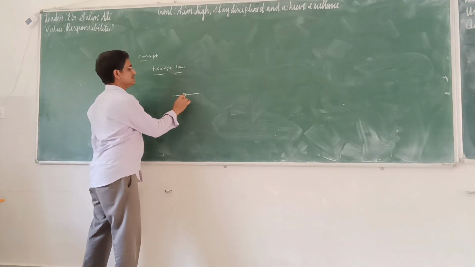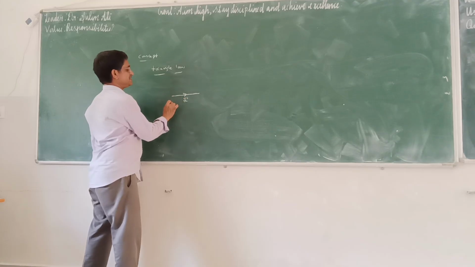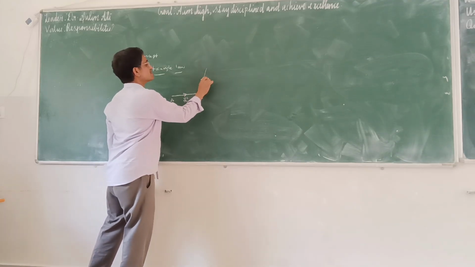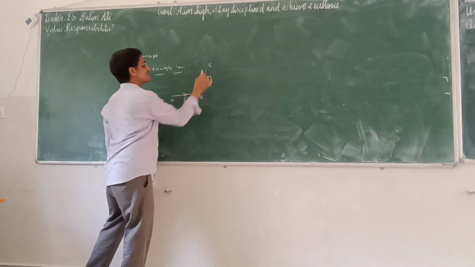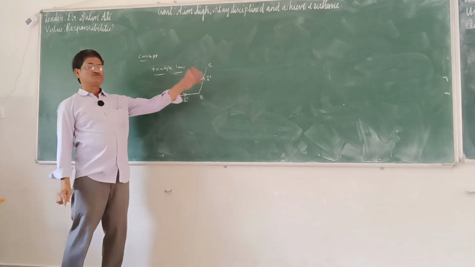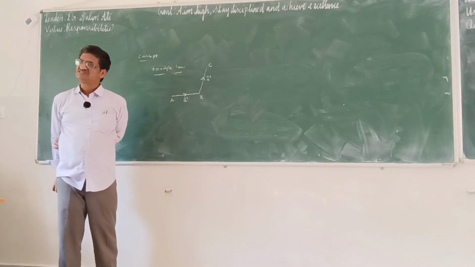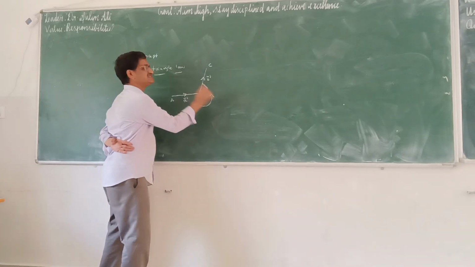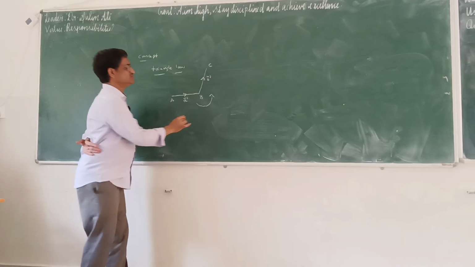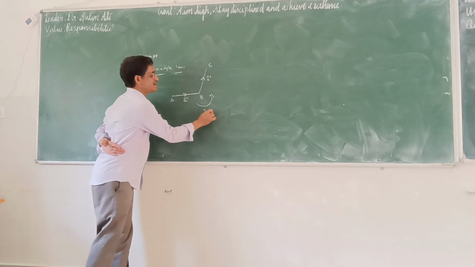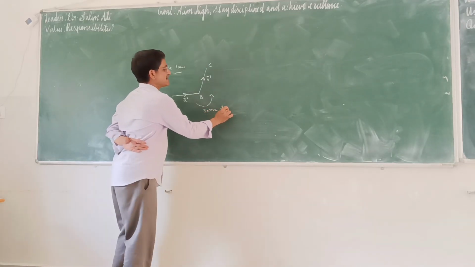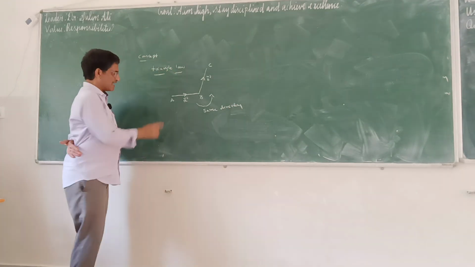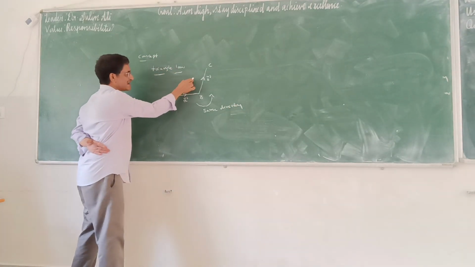See, suppose A bar is one side of the triangle. B bar is another side of the triangle. How are these two vectors taken? Same direction, yes or no? Same anti-clockwise direction. Now this is the third side.